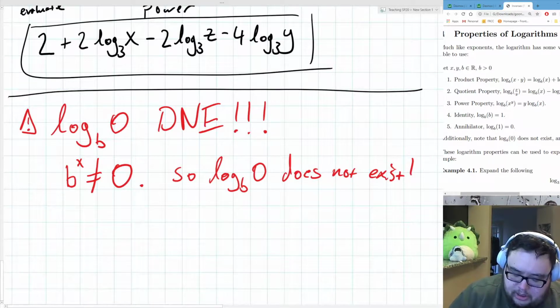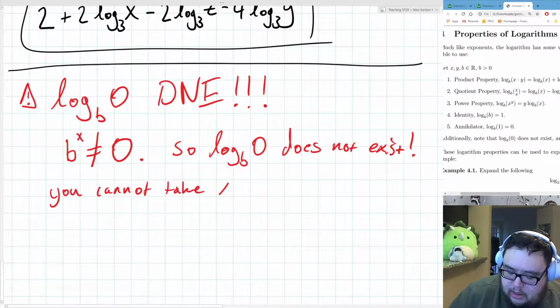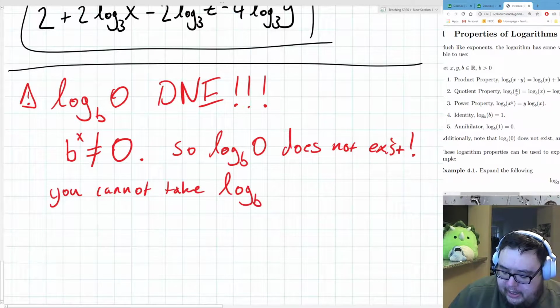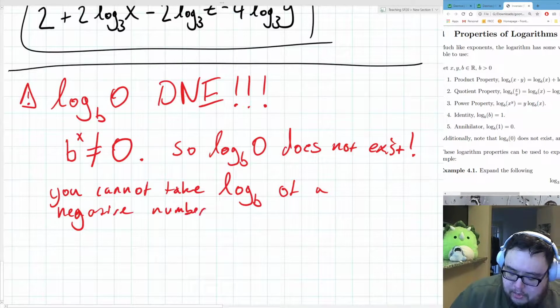And similarly, you cannot take the logarithm of a negative number. B to the power of x is always greater than 0.